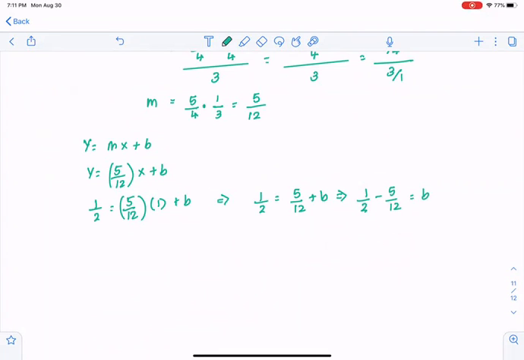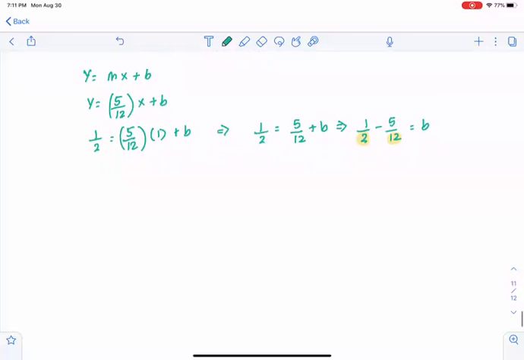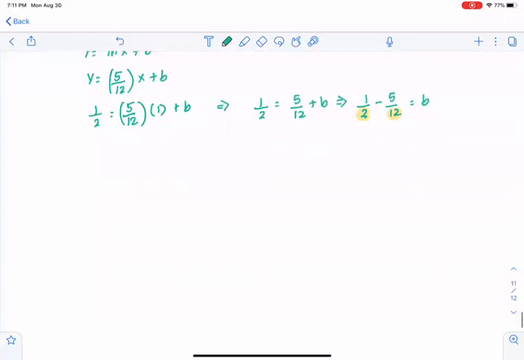The common denominator now would be 12. So I multiply and divide the first fraction by 6. So 1 over 2 times 6 over 6 minus 5 over 12 equals b, which would give us 6 over 12 minus 5 over 12 equal to b.